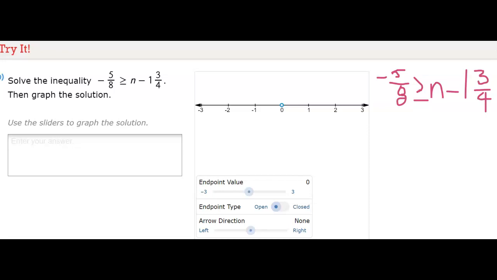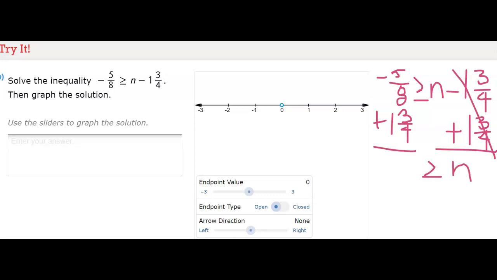So we're going to bring the minus 1 3/4 over to the other side of the inequality by adding 1 3/4 to both sides of the inequality. Cancels out here. So we have n left by itself on that side. And then we're adding the negative 5/8 and 1 3/4.